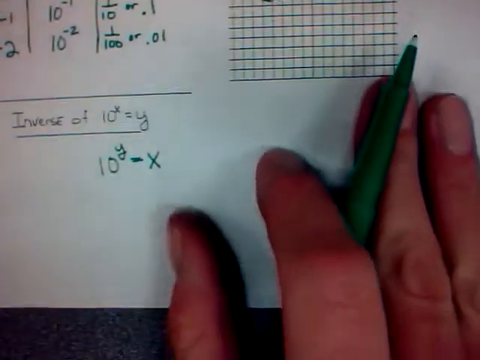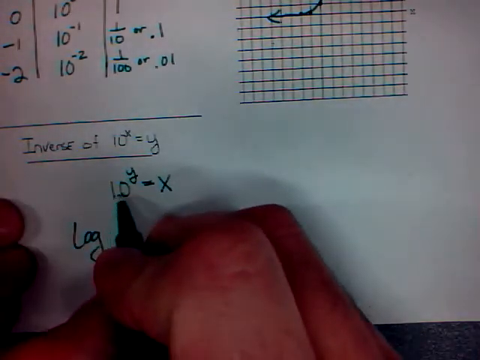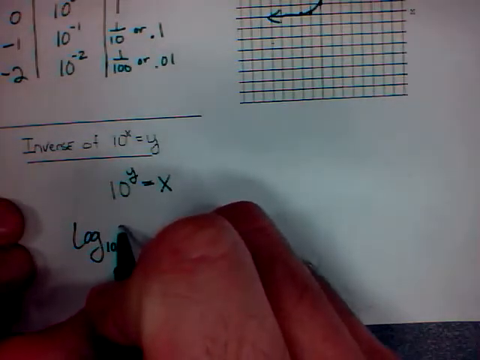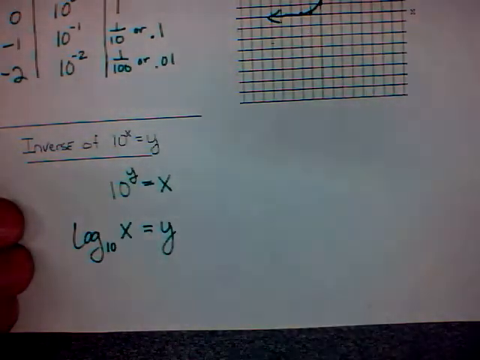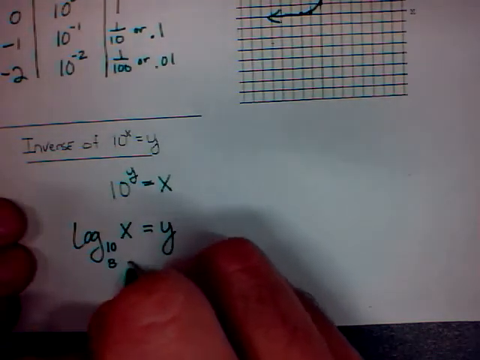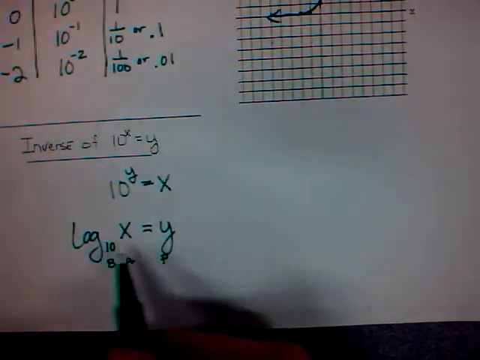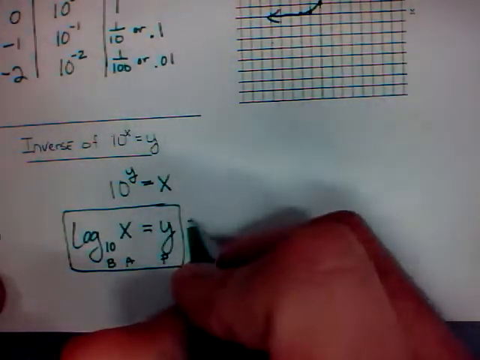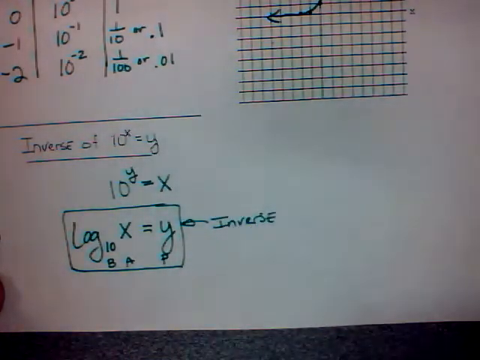So we're going to have log of your base, which in this case is 10, your answer, which is x, equals your power, which is y. Again, this is base, answer, power. So this is your inverse.